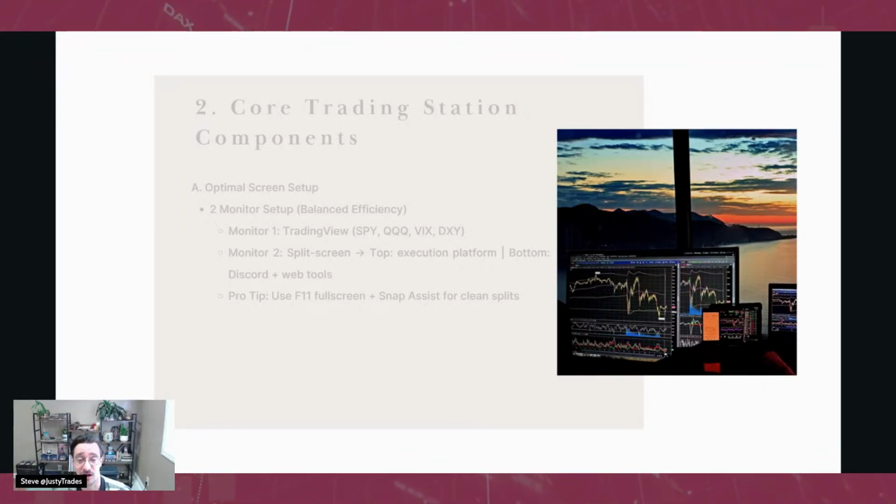So that's great. What you can also do is use the second monitor and divide that into two areas, basically. You have your execution platform, and then you also have a pinch hitter space for whatever you really need it for, whether it's Discord or maybe some of the web tools we're going to talk about.